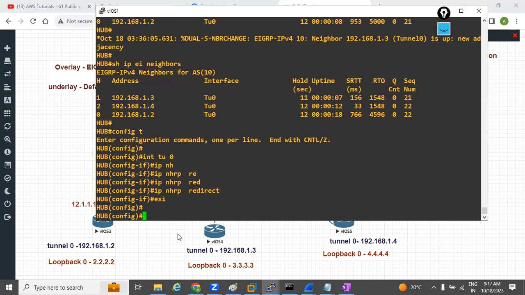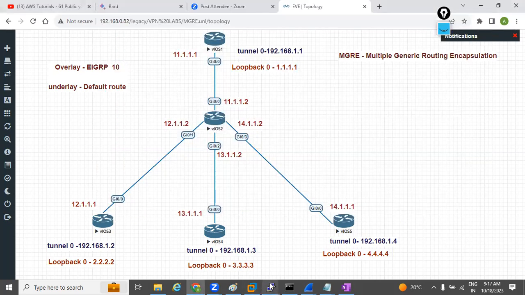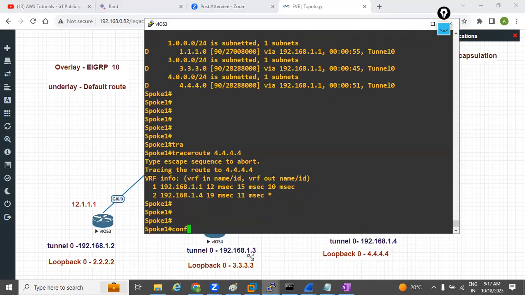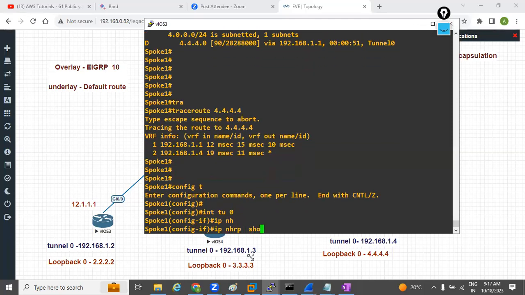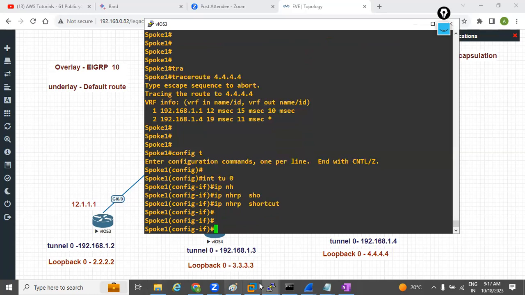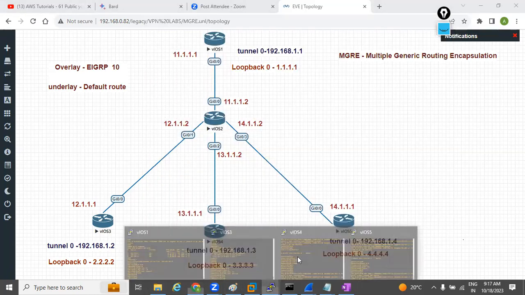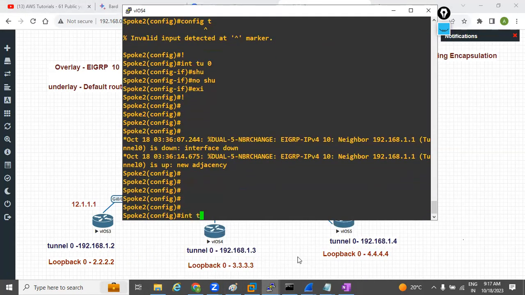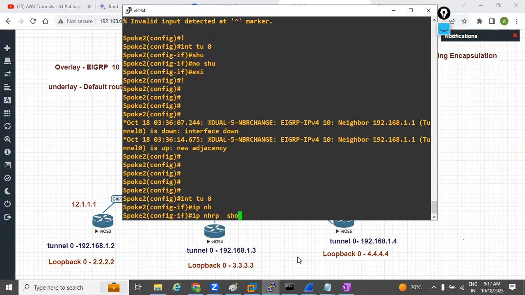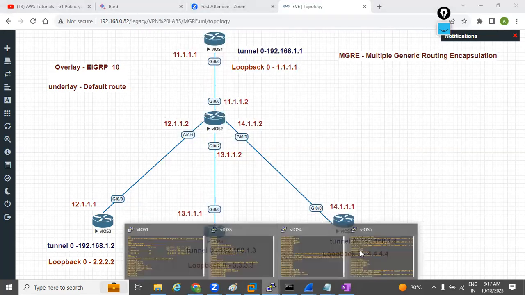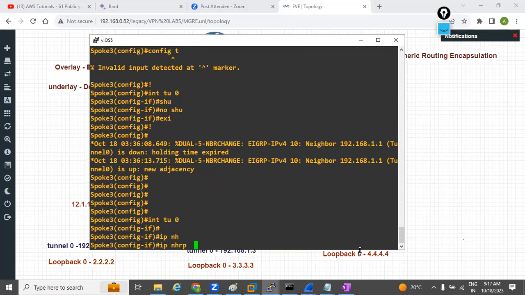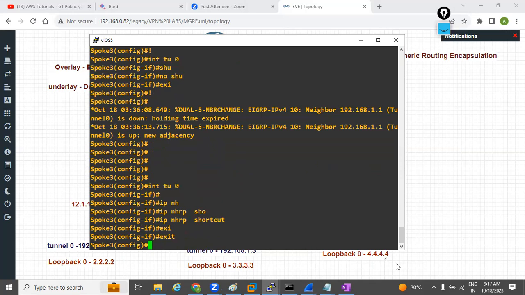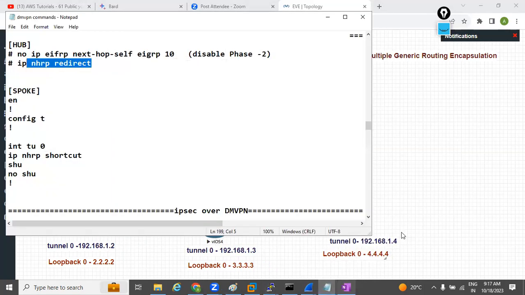This is IP and NHRP redirect. And now go to the spokes, and here IP and NHRP shortcut. I have enabled it.